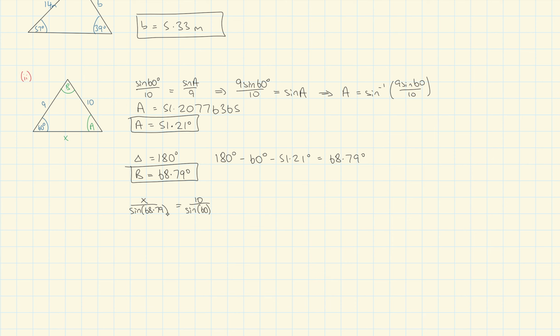Okay, so we'll cross multiply. So we get x will equal 10 times sine 68.79 all over sine of 60, into your calculator.